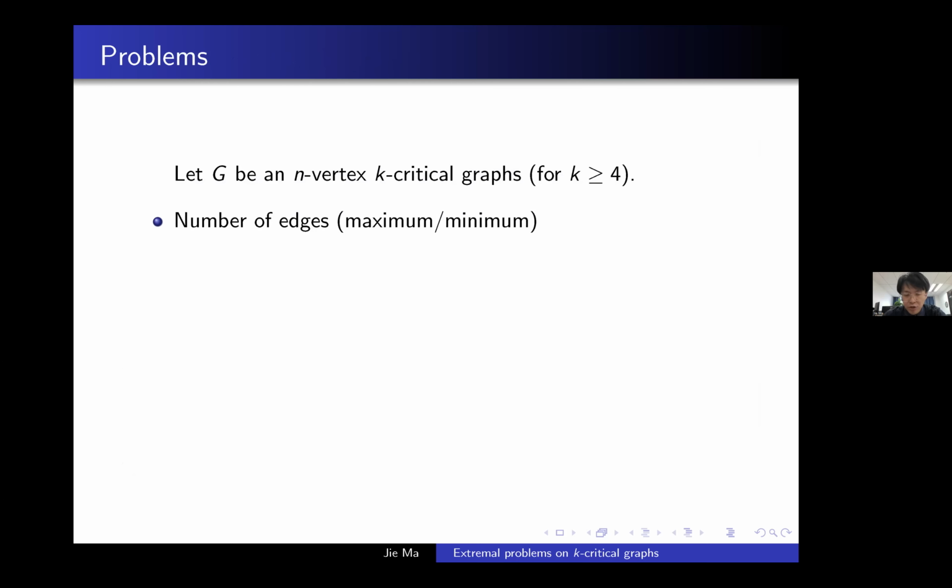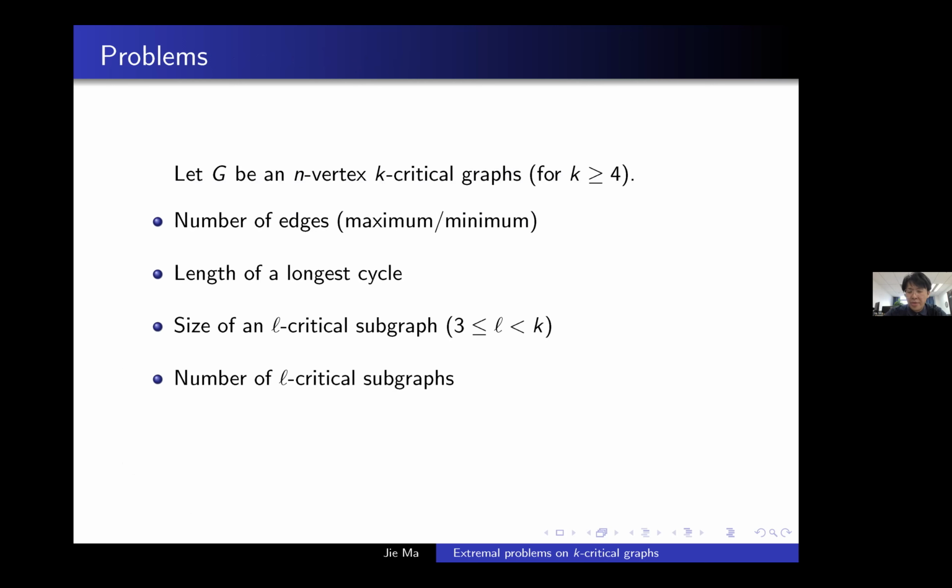So let's mention some natural problems. It's very natural to study the number of edges, minimal or maximal. It's also very natural to study, say, the longest cycle. And what is the largest size of a k-1 critical subgraph?